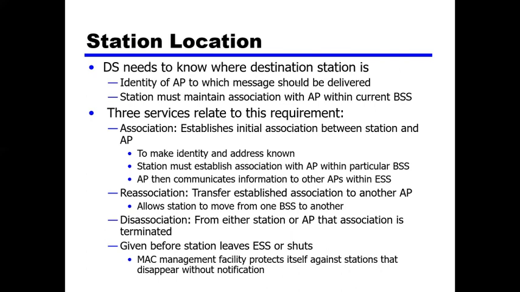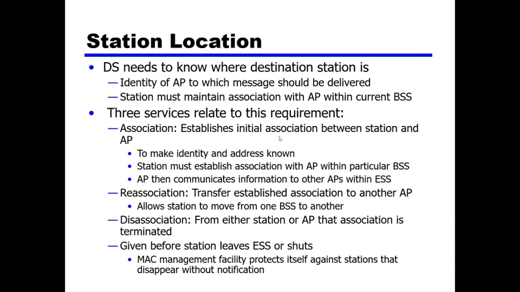Now, station location. DS needs to know where the destination station is, the identity of the AP to which messages should be delivered. The station must maintain the association with the access point within the current BSS.